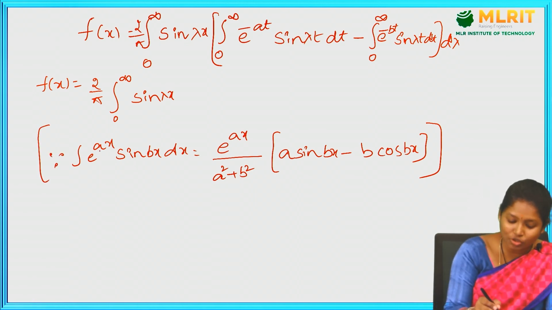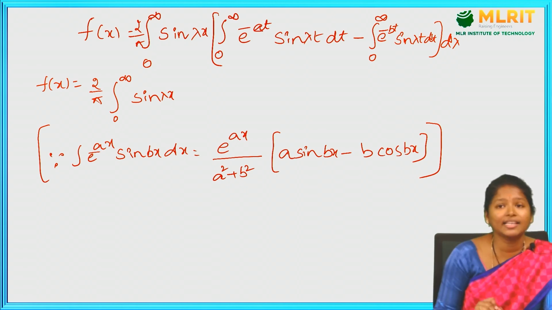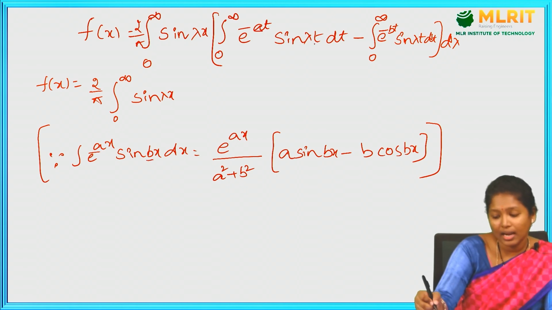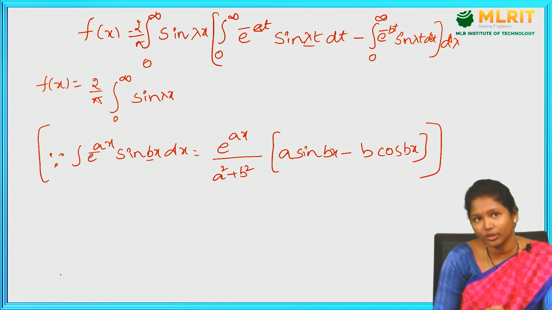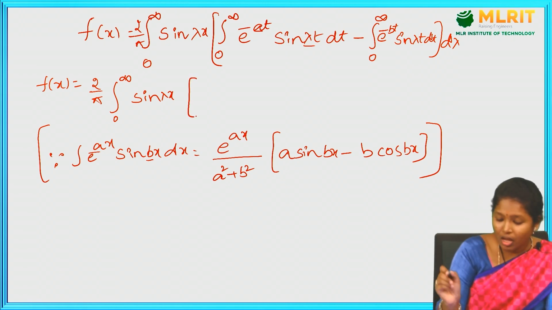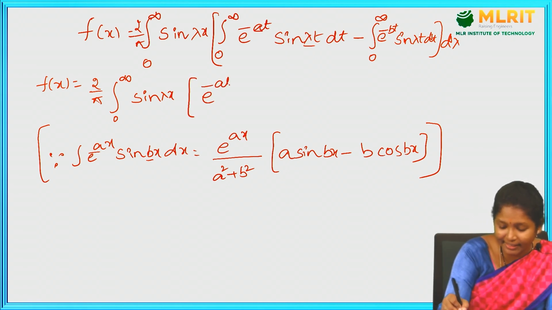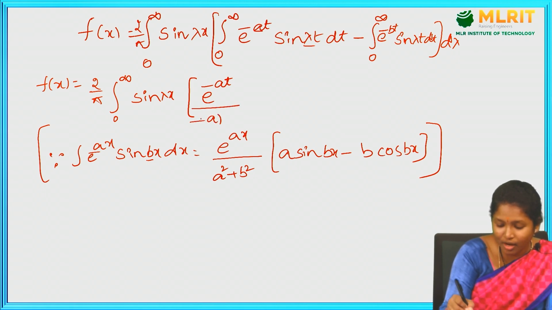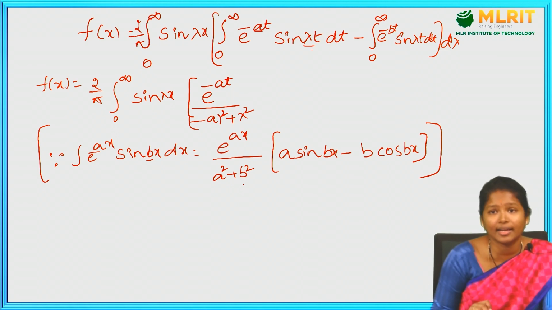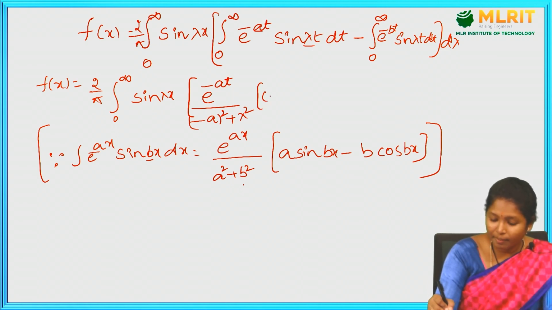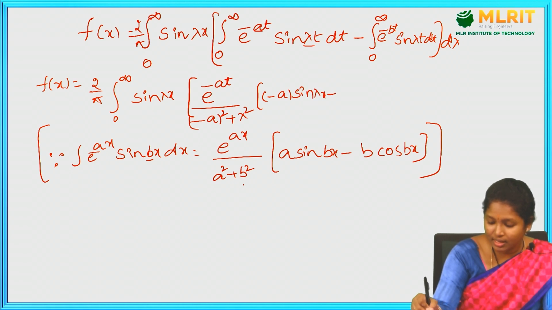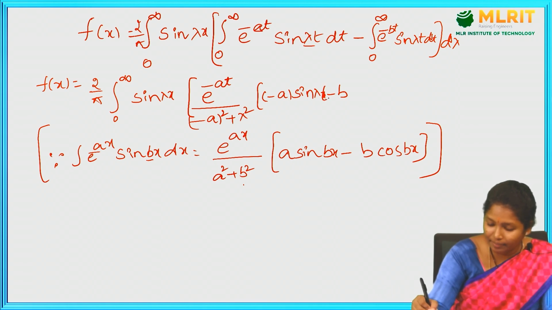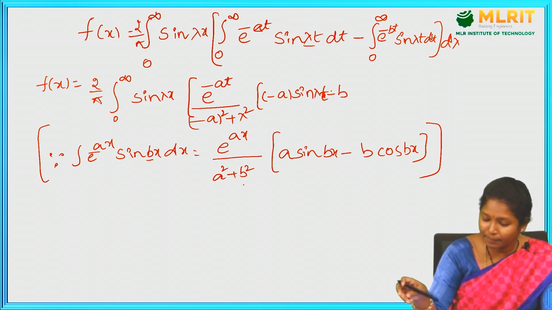Here in the place of a, minus a is there. In the place of b, lambda is there. So we will substitute in the formula, we will get e power minus at by minus a whole square plus lambda square, minus a sine lambda t minus, in the place of b, what is there?